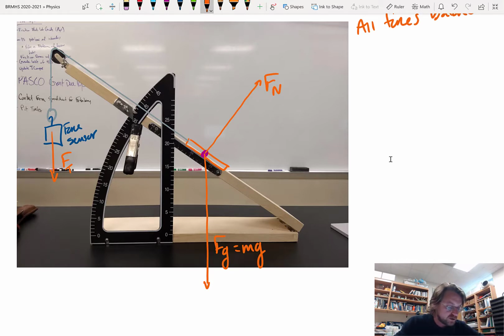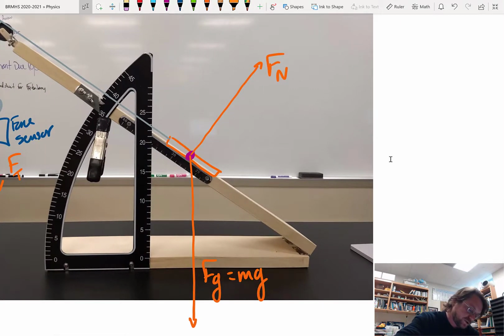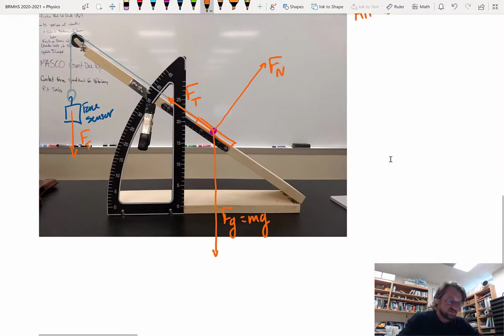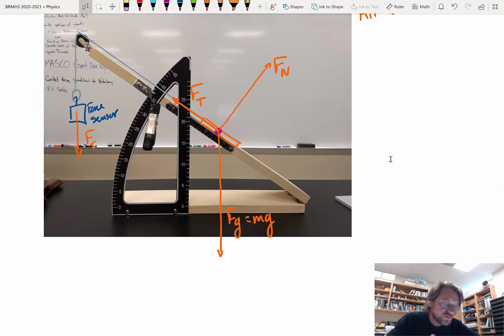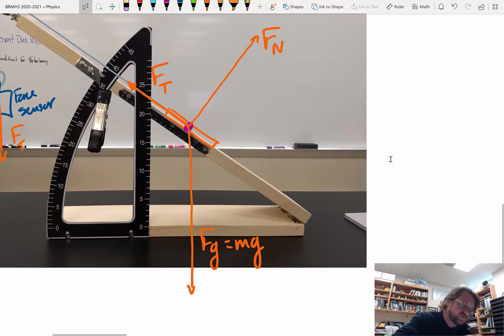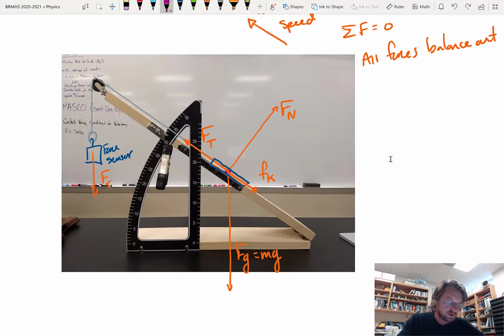All right, what else is going on? We're sliding up the incline. You call that the tension force from our string. Okay, and then what else? We got something else there. Tension's the applied force pulling it up the incline. We also have kinetic friction going in the other direction. Okay, so there are all the forces acting on our wooden block as it's sliding up at a constant speed.